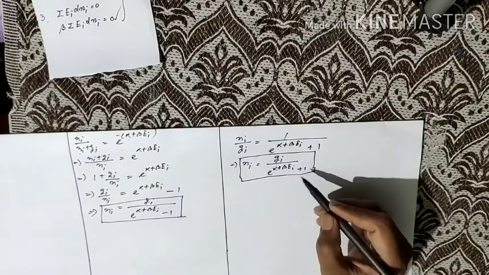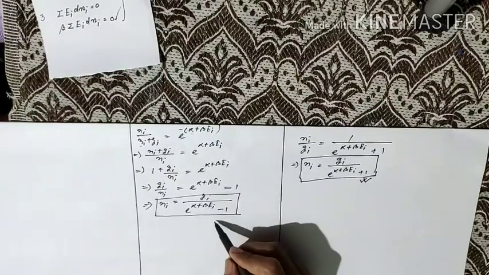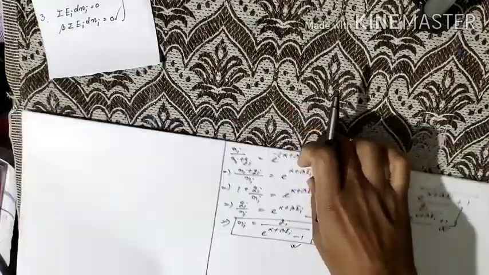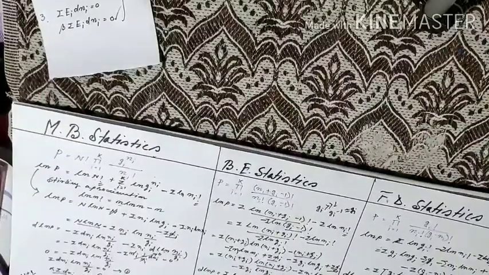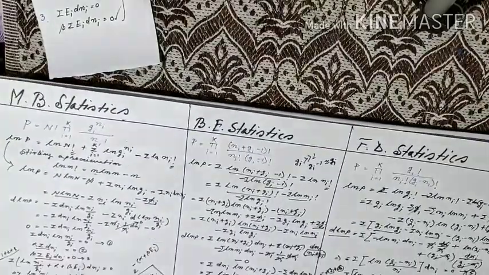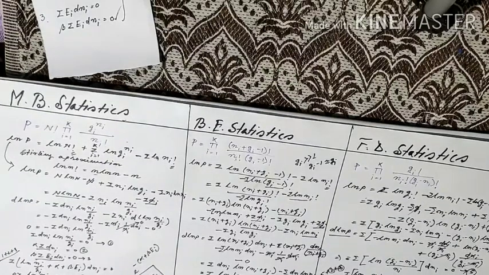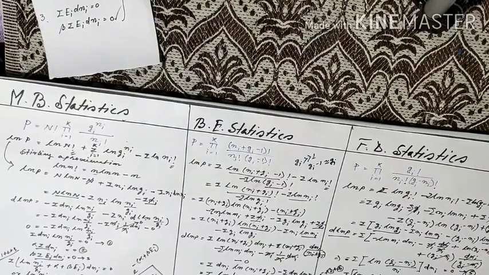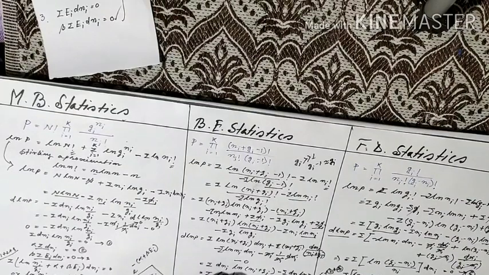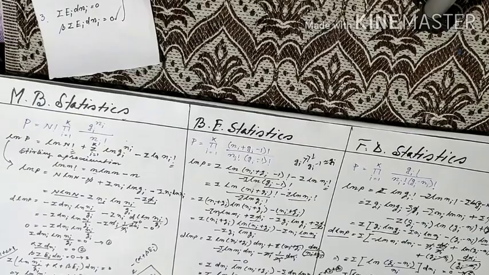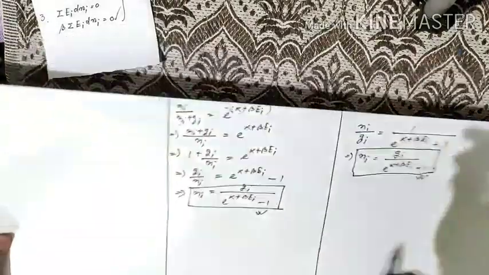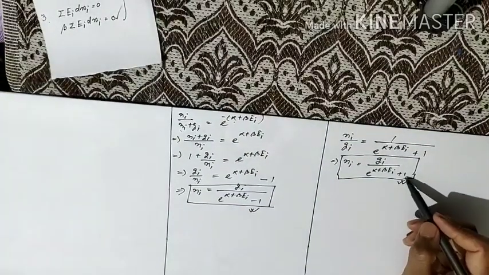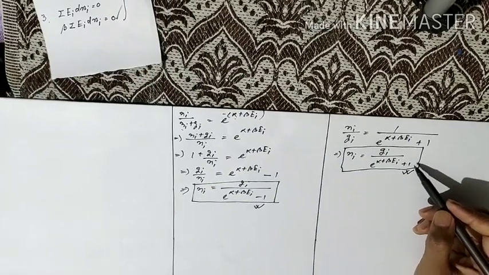So we have got the Fermi-Dirac distribution law, the Bose-Einstein distribution law, and the Maxwell Boltzmann distribution law. Now if you look at the pattern of these three, you will see that the only difference is that one term is minus 1 and here one term is plus 1.